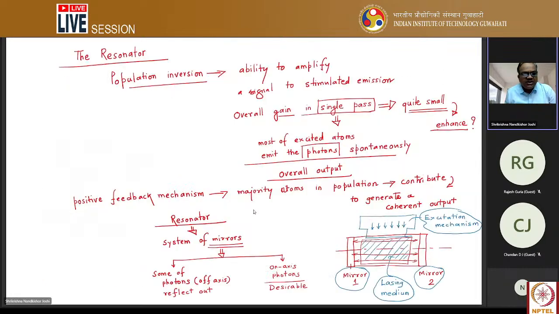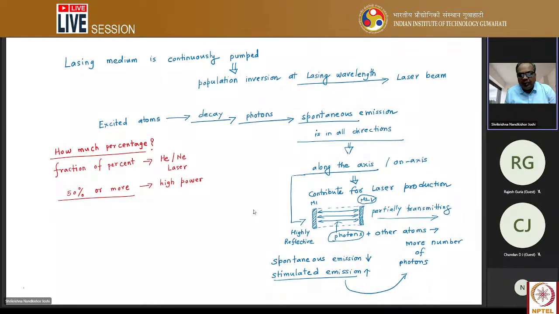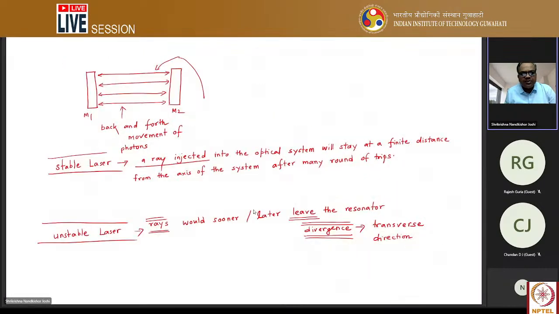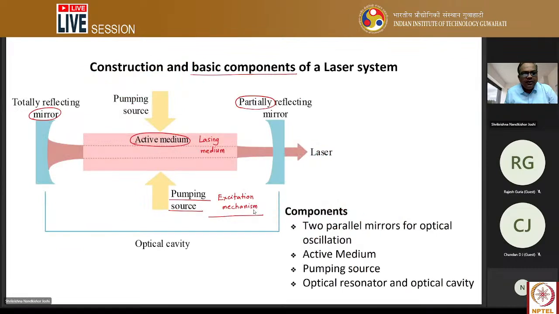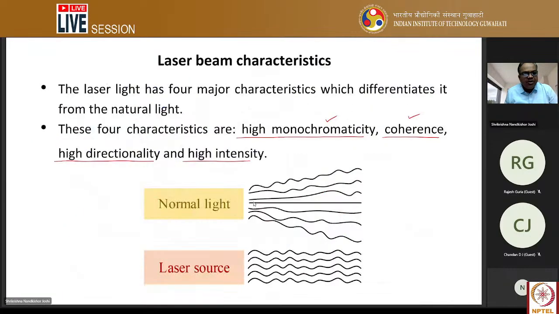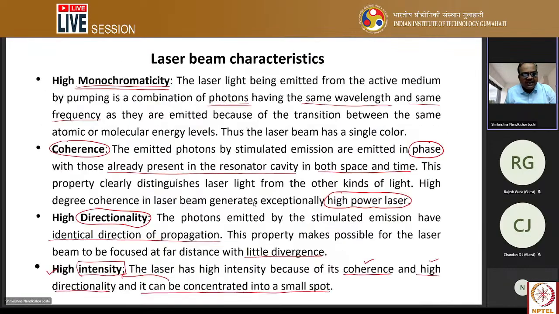Various terms associated with this and how to get the population inversion during this process. The construction and basic components of laser system that we have seen. Meaning of cavity design and getting the uniform laser beam.